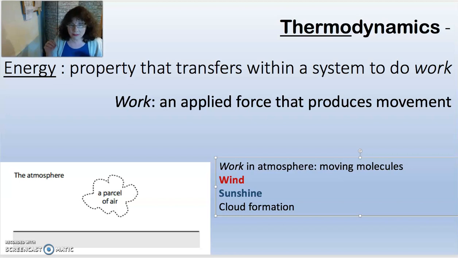Let's take that apart. What's a system? A system is a group of substances or objects that work together. In this case, we're talking about the atmosphere. And what are some of the things in the atmospheric system? Well, there's the sun, there is the ozone layer in the stratosphere, there's the mesosphere above that and the thermosphere above that.